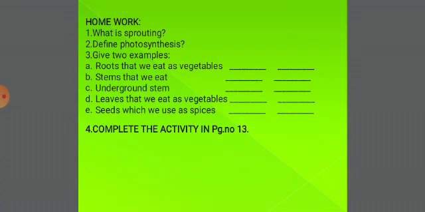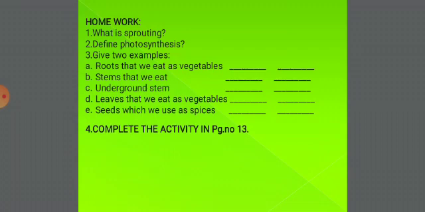Then soak the seeds in water inside the dish or bowl, and leave it overnight. Okay, then next morning drain the water, take the soaked seeds and place them on the cloth, and keep that cloth in the bowl.